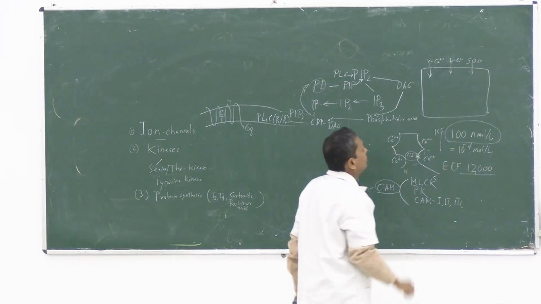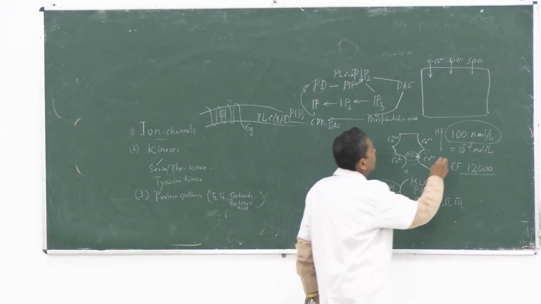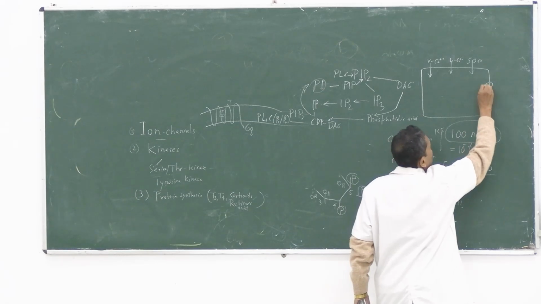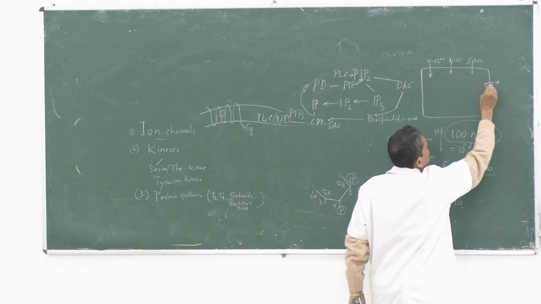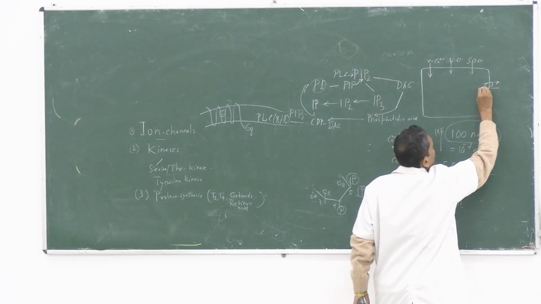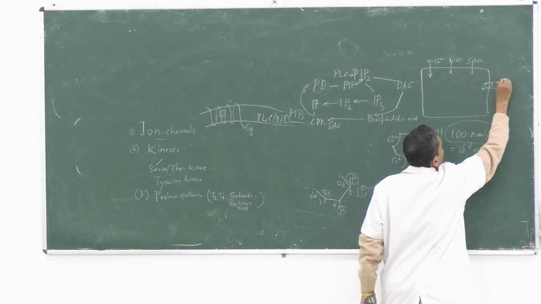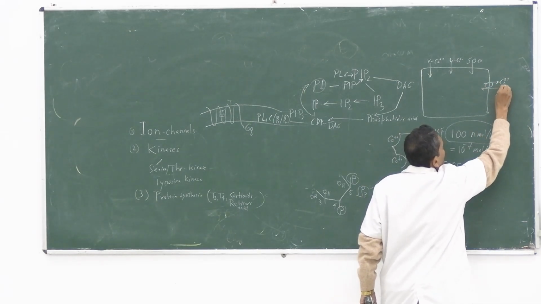And the cell pushes it out by means of this type of mechanism, it is actively transported: calcium 2 plus and 2 hydrogen ion.